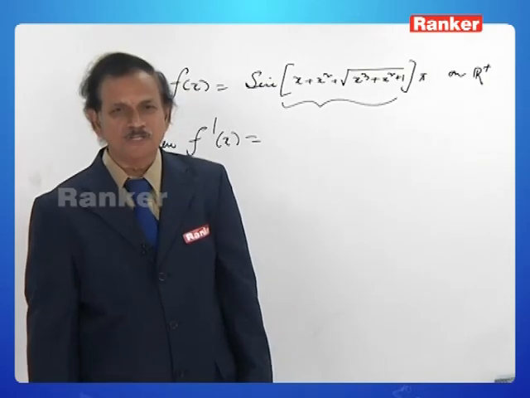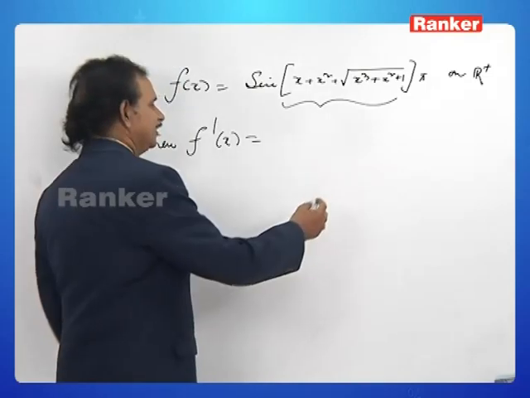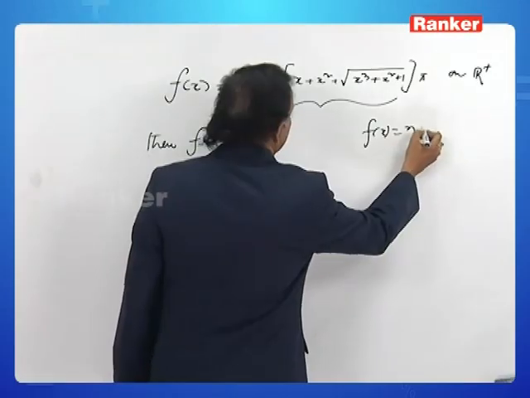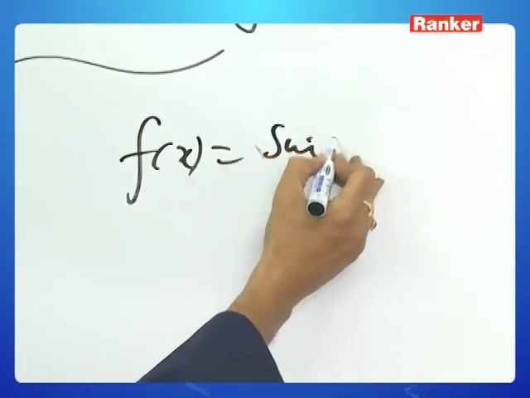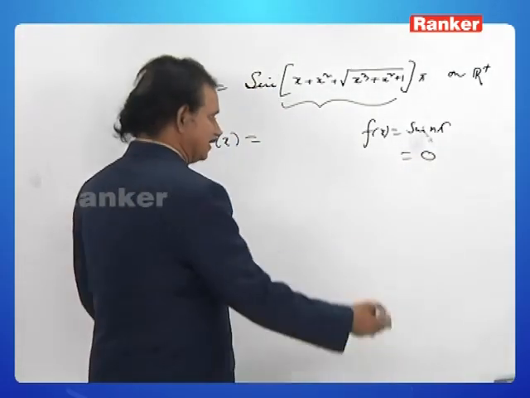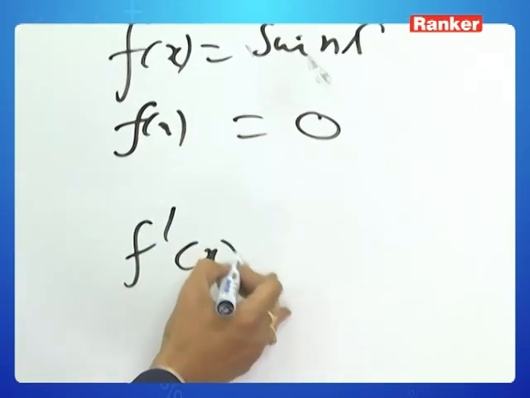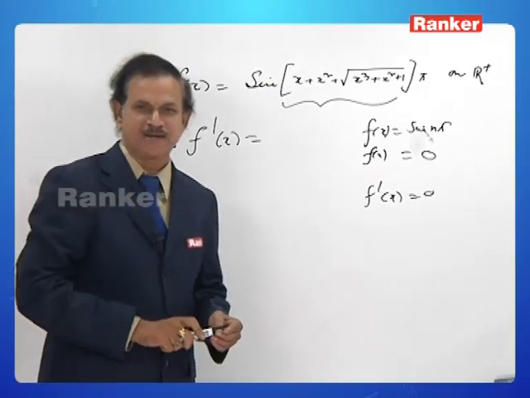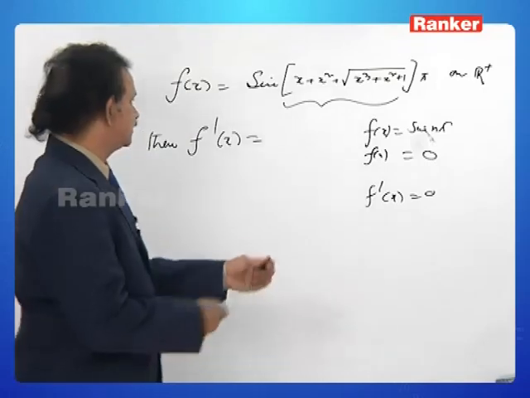It is 0. So f of x itself is becoming 0. What do you say about f dash x? 0. Why? Because f is a constant function which yields 0 at every real number x. Its derivative is also 0. So f dash x is 0.